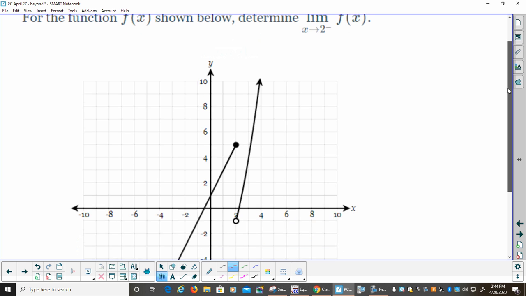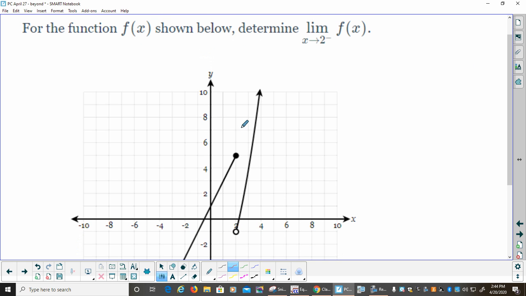So this one, for this function, determine the limit as x goes to 2 from the left. As x goes to 2, so this is the value of 2 right here. There's the value of 2. As you approach 2 from the left, is what that says, your y values are getting bigger and bigger until eventually you get to the value of 5.